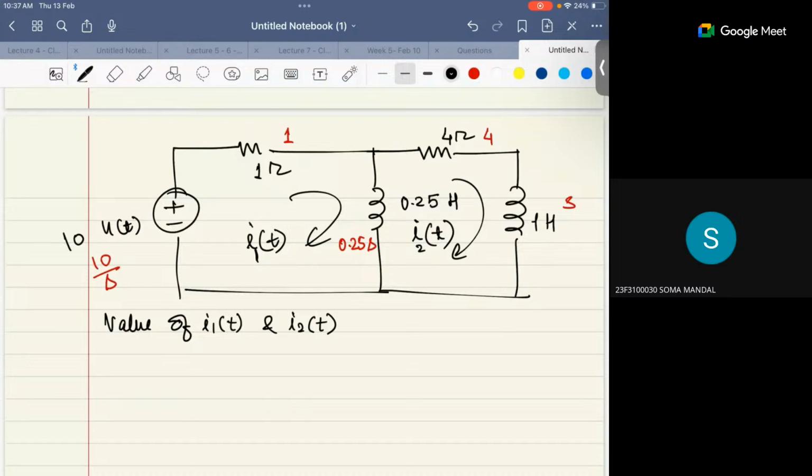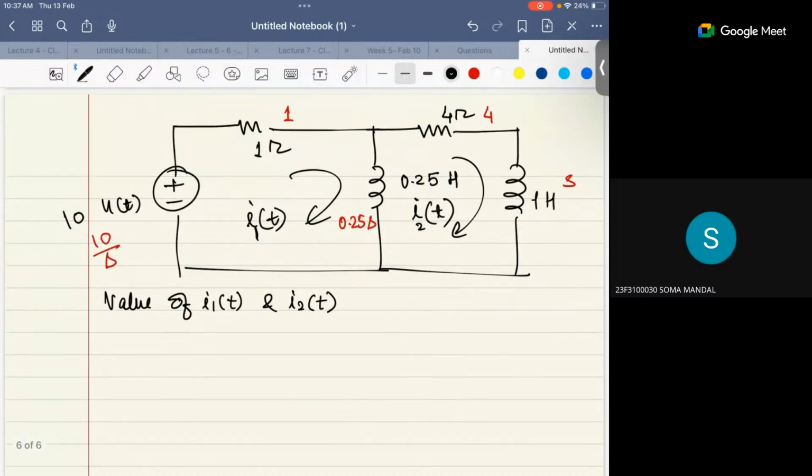Now, KVL in the first loop. Can somebody tell me the equation? How are you taking potential?